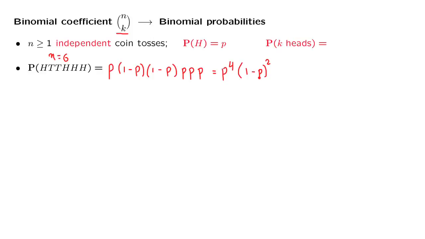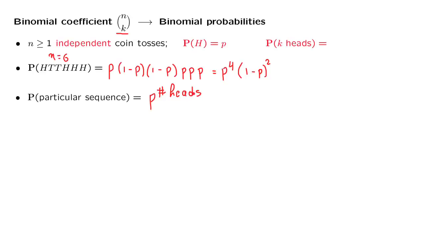More generally, if I give you a particular sequence of heads and tails, as in this example, and I ask you what is the probability that this particular sequence is observed, then by generalizing from this derivation, you see that you're going to get p to the power number of heads.